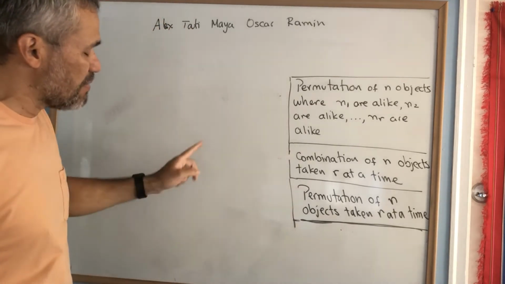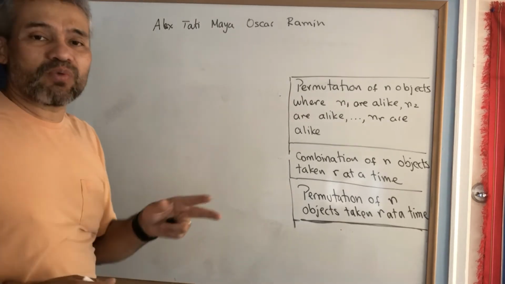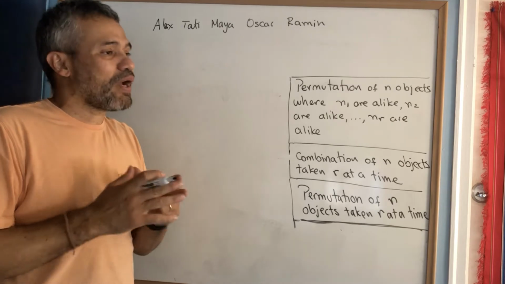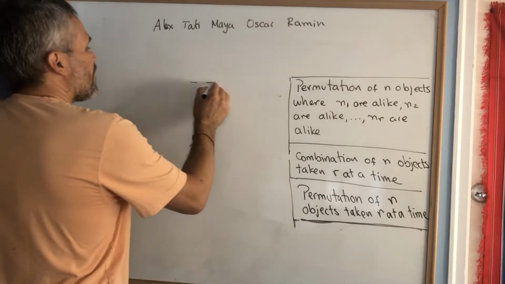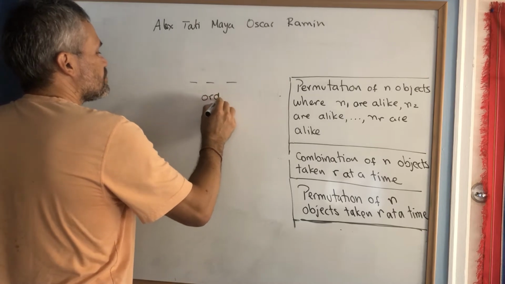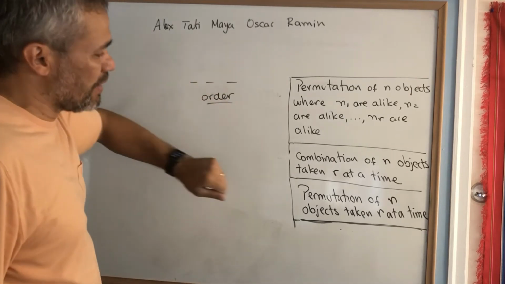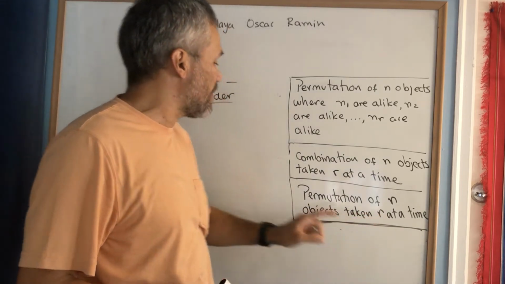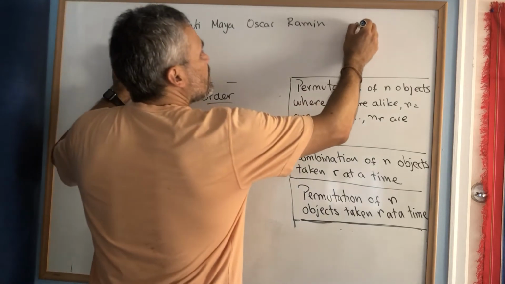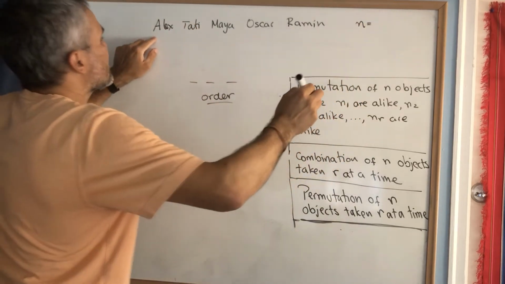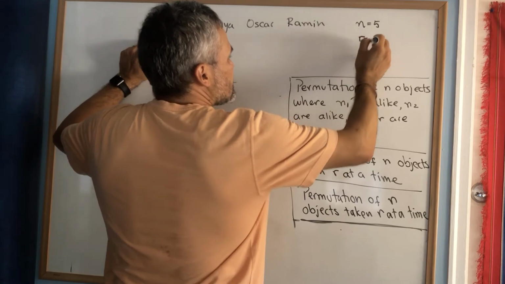Notice that, as I mentioned before, in this case order matters because we make a difference in who gets first, second, and third. Essentially, we are selecting the first 3, taking 3 at a time. In this particular example, n is 5, and r is 3.